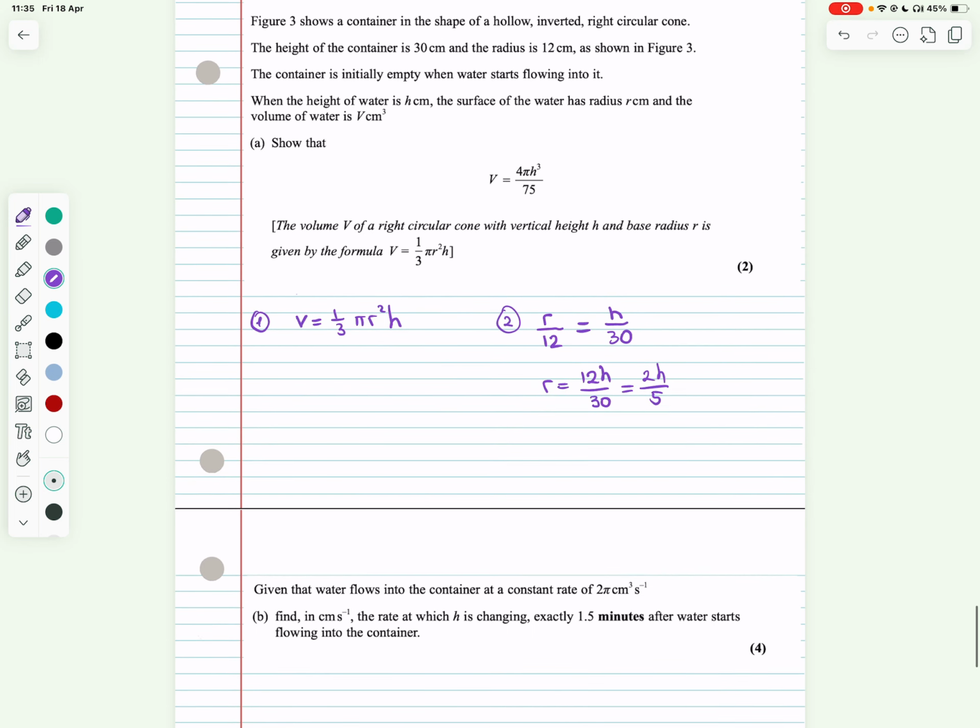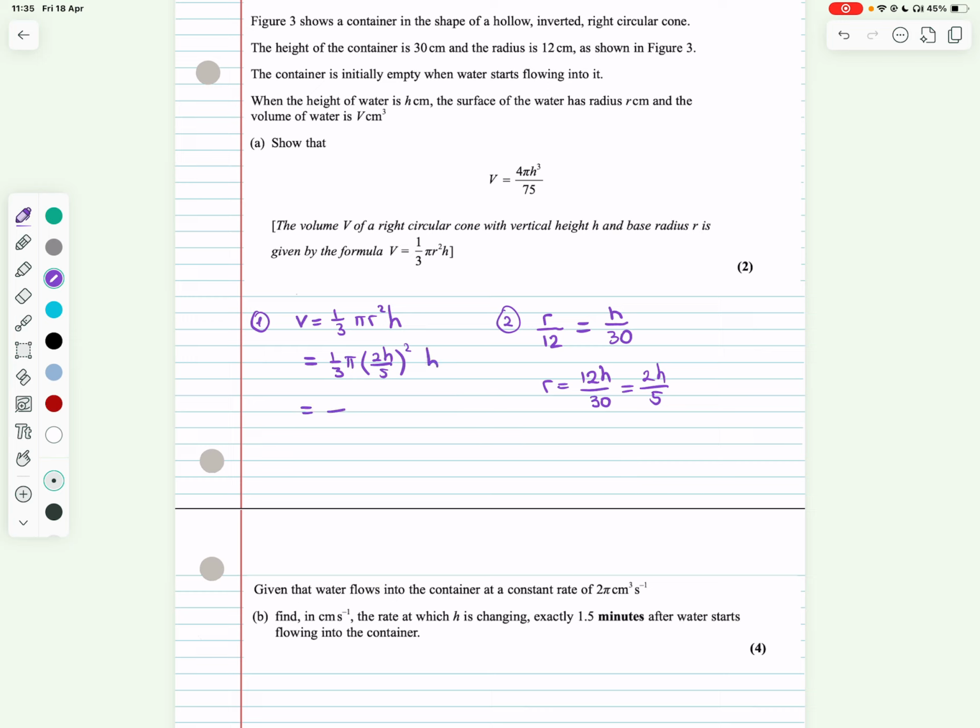Okay, so I'm going to go back to step number 1 because that's where I had the formula, and instead of the radius I'm going to write 2h divided by 5. So that's 1/3 pi multiplied by the radius, which is 2h divided by 5, squared, multiplied by the height.